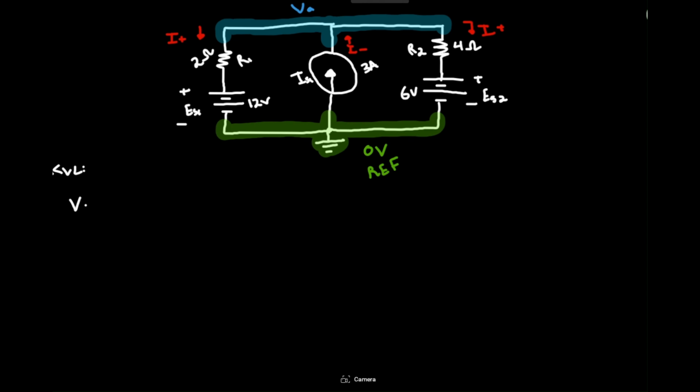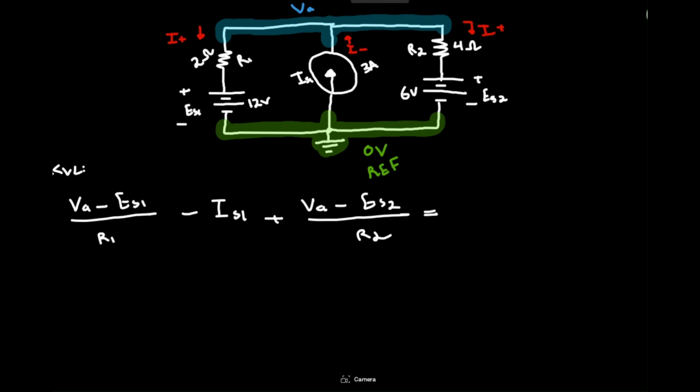So we're going to do VA minus E source 1 over R1. That gets you the current on branch 1. Same thing for branch 2. Since it's entering the node, it's negative. So it'll be negative I source 1 plus, same thing, VA minus E source 2 over R2 equals 0 volts. Now, you got the first line.